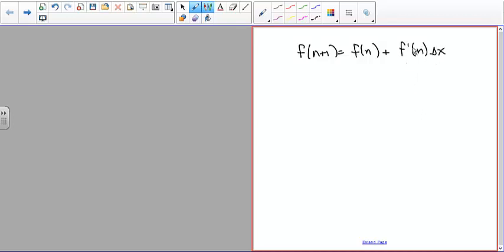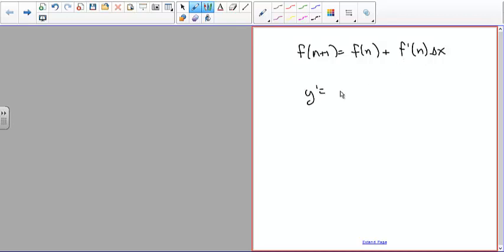This gives me a delta change in the function value. It's kind of like slope, and I'm multiplying by delta x, which gives me delta y.